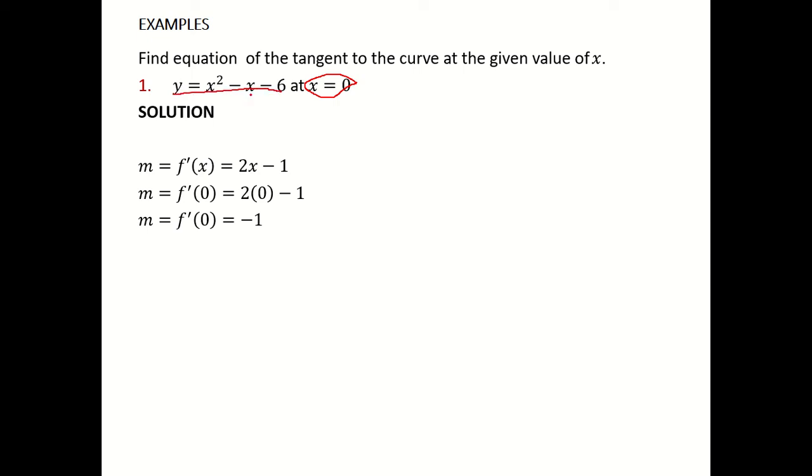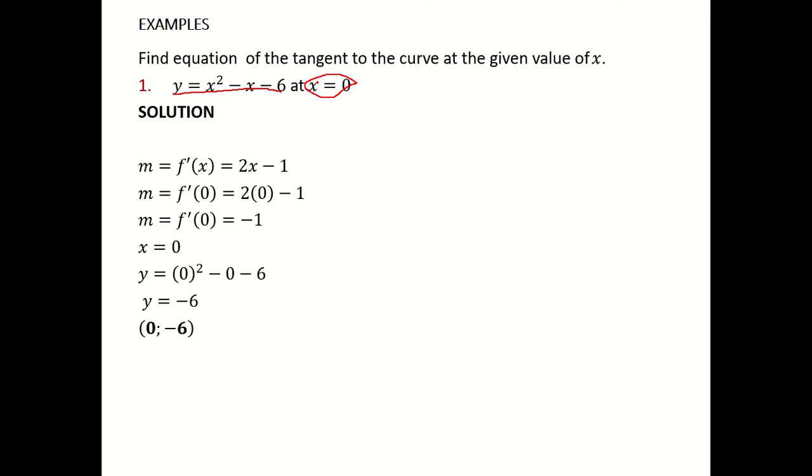So where there's x, I'm going to substitute 0. Substitute this given x value into the original equation for you to get the y value. And the y value is -6. So basically, the y coordinate of this x value will be -6.